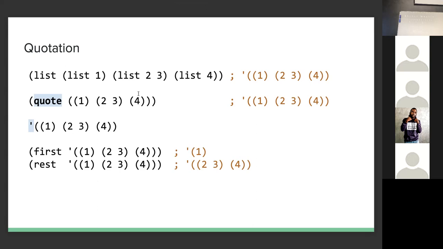You don't have to quote just lists of numbers. You can do that also with all sorts of things, including variables. I mean, any identifier can be quoted and will not be evaluated, right?